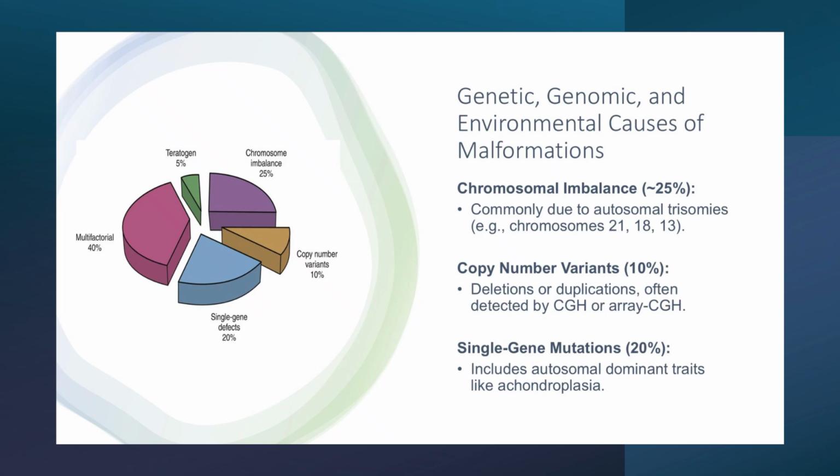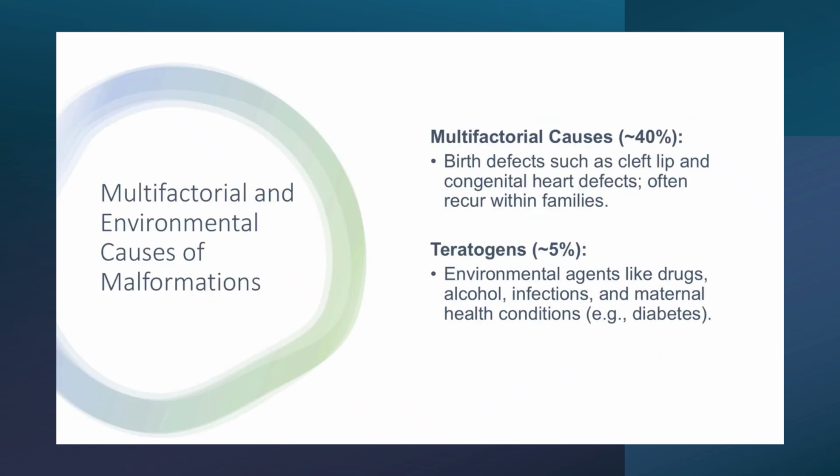Each type of genetic cause provides insight into the underlying complexity of these birth defects. A significant proportion of malformations, about 40%, are multifactorial, involving both genetic predispositions and environmental factors. Another 5% are attributed to teratogens, substances that can cause malformations when exposure occurs during pregnancy.